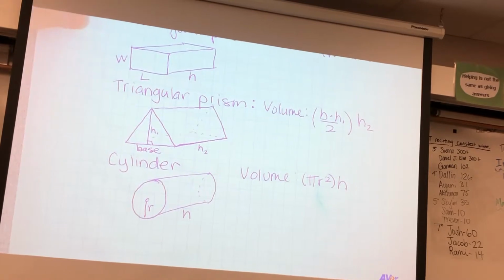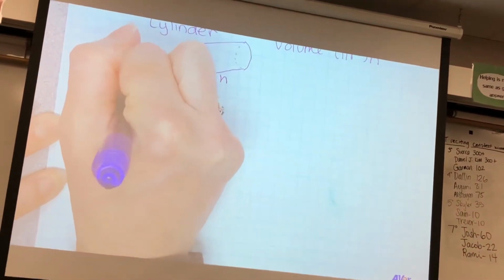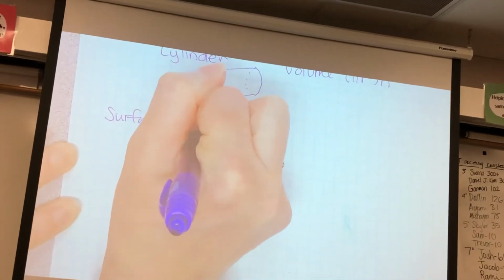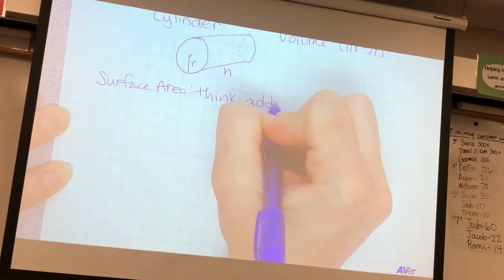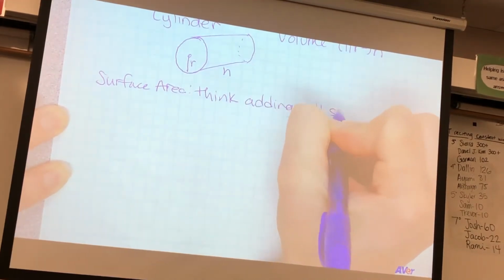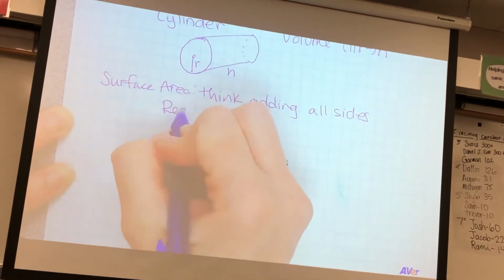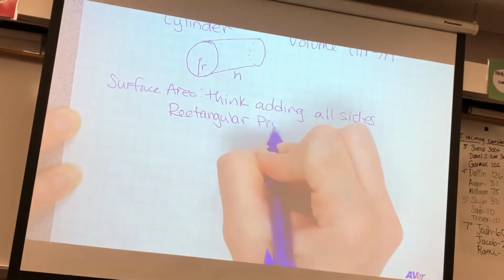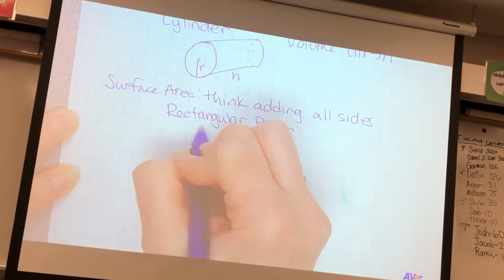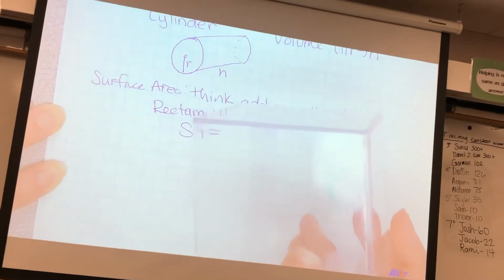Surface area, you really have to think about all the sides. So think adding all sides. So let's go back to our rectangular prism. So if I look for the surface area, what I kind of think about, I know a cube, all the sides are the same, that's too easy.